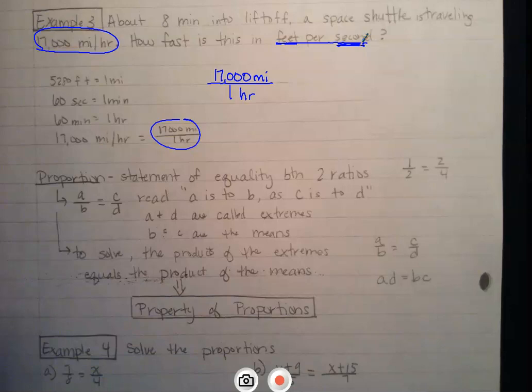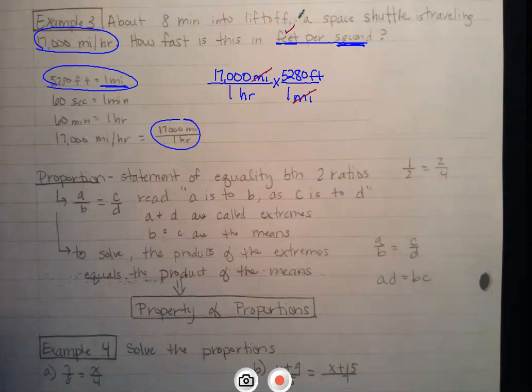Again, using those unit multipliers to get rid of each of those. First of all, let's change our miles to feet. We're going to use this information right here. I know my miles are in the numerator, so I want the 1 mile in the denominator so they cancel. So I'm going to put 5,280 feet in my numerator. Now my miles are gone and I have the feet, so I can check that off.